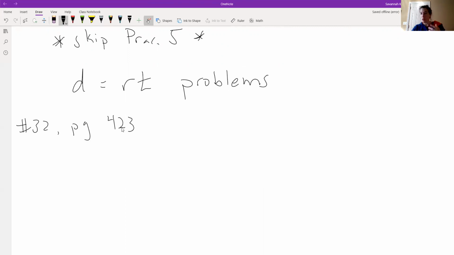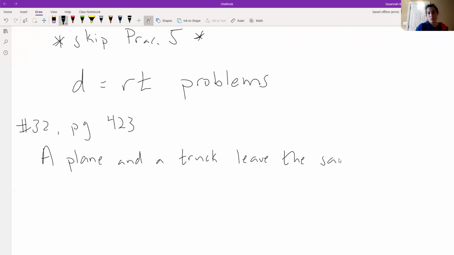Okay, so number 32, and I've got hopefully my cheat sheet here of when I worked this out. Okay, so have to write out a little bit of a framework, a plane and a truck. They tell you what kind of plane and what kind of truck. I don't care. Leave the same town at sunrise.